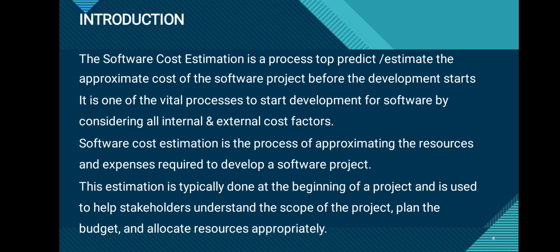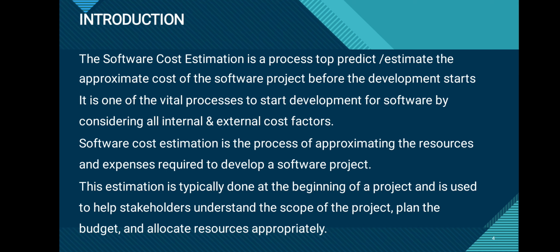It describes the approximate requirement of effort, development time and resources to complete the software project. For any new software project, it is necessary to know how much it will cost to develop and how much development time it will take, considering factors like product factor, project factor, personnel factor and hardware factor.